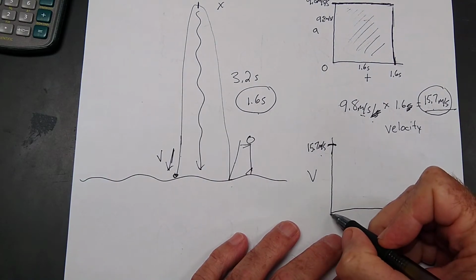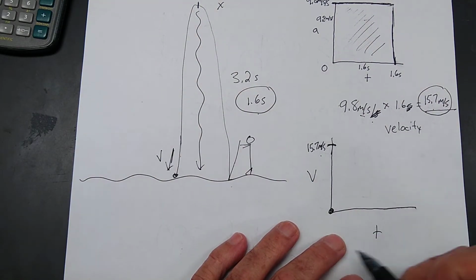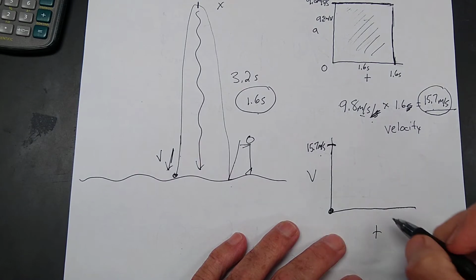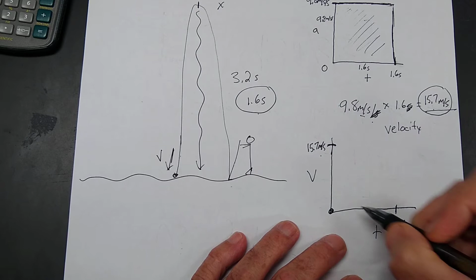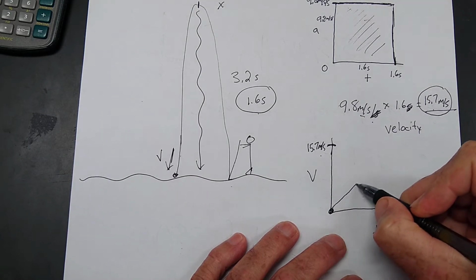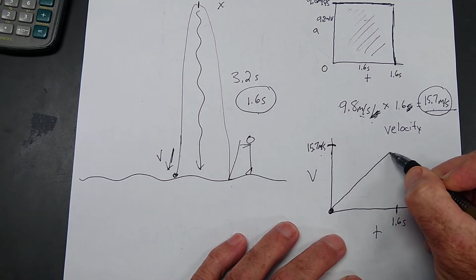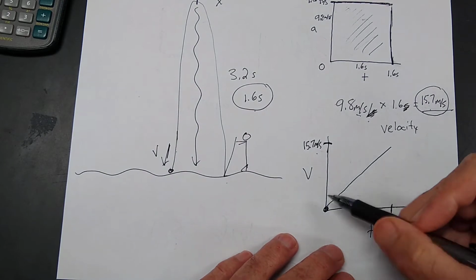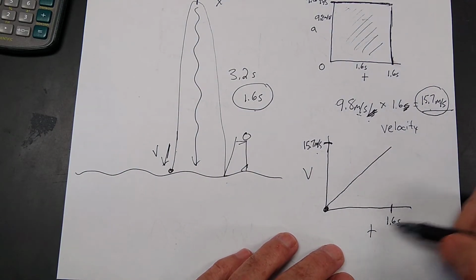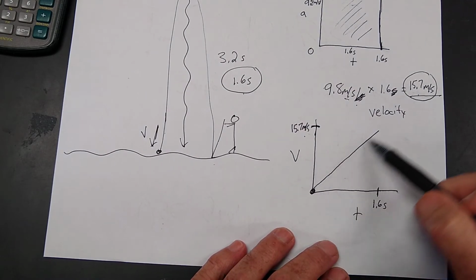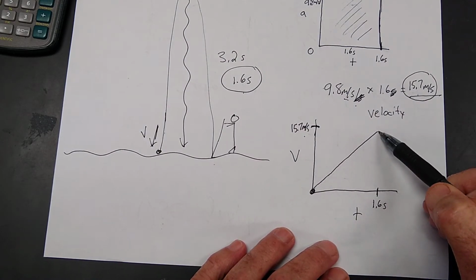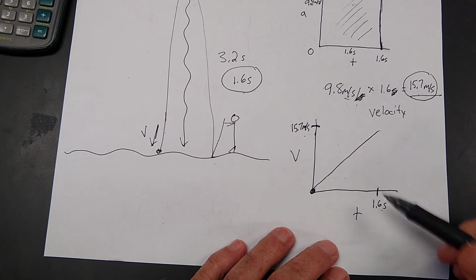We started out going 0 meters per second, and it took us 1.6 seconds to get there. So that's a steady increase because the acceleration was constant. Now we end up with a graph that looks like this. We got up to 15.7 meters per second velocity in 1.6 seconds.